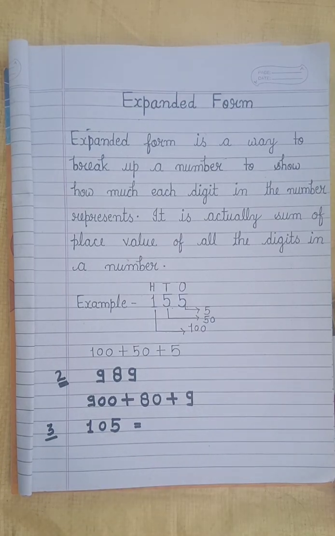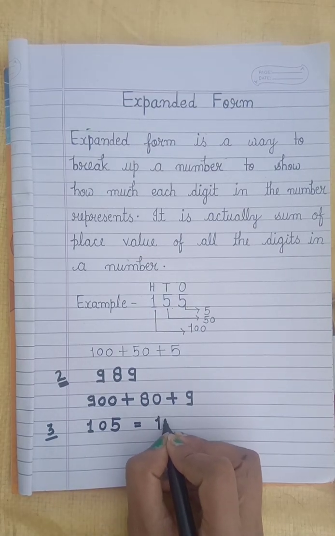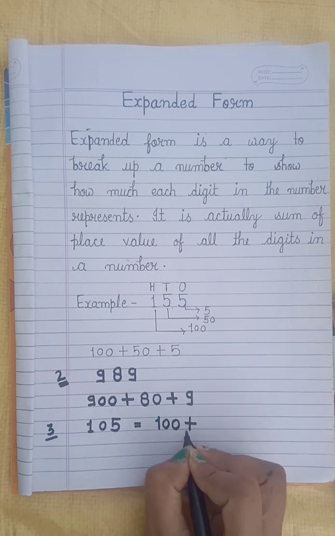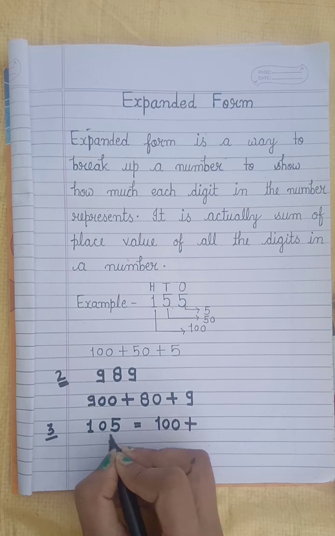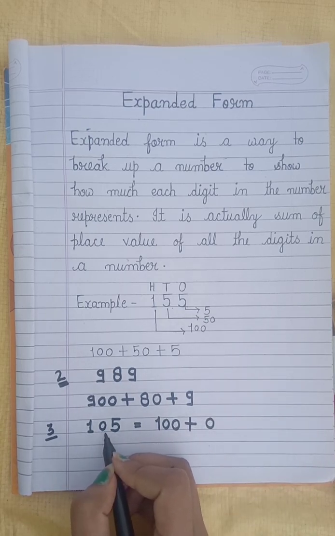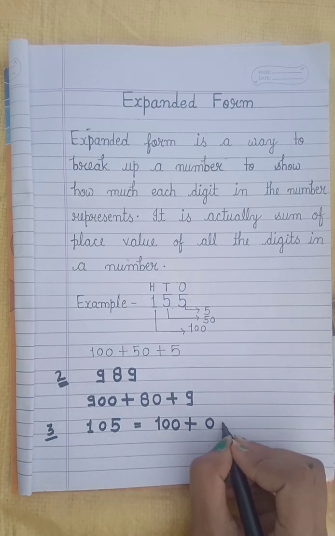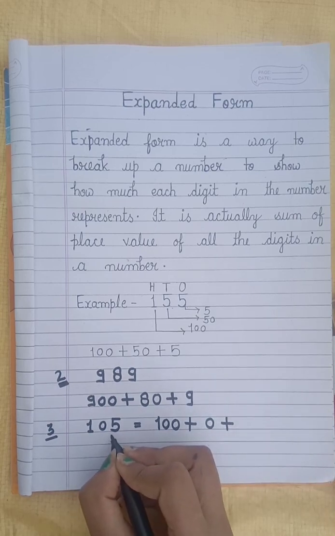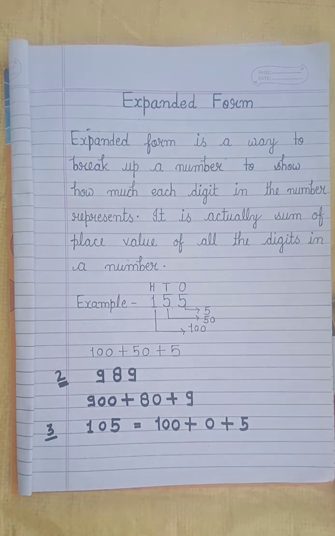The place value of 1, because 1 is at hundreds place, is 100, plus 0 is at tens place, so its place value is 0 multiplied by 10, which is equal to 0. And remember, students, the place value of 0 always remains 0. Again put the sign of addition. 5 is at ones place, so its place value will be 5.